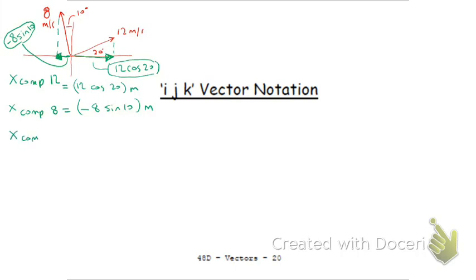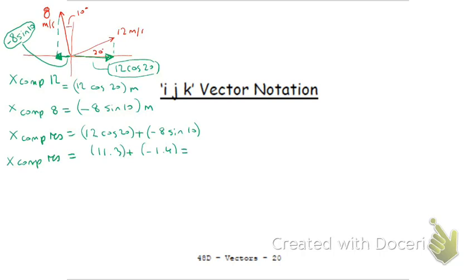X comp res, the resultant, is equal to 12 cosine 20 added to minus 8 sine 10. We can work those out: 12 cosine 20 is going to equal 11.3. 8 sine 10 is going to be 1.4, that's a minus 1.4.